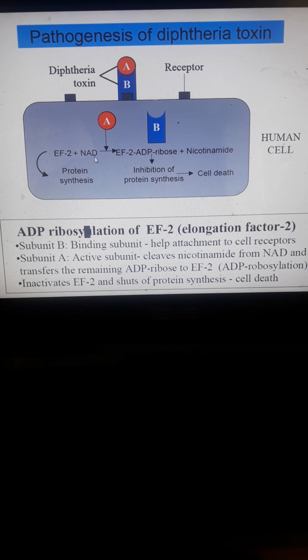Okay, so once there is a binding of your elongation factor 2, which cleaves with the nicotinamide, it undergoes the ribosylation process.